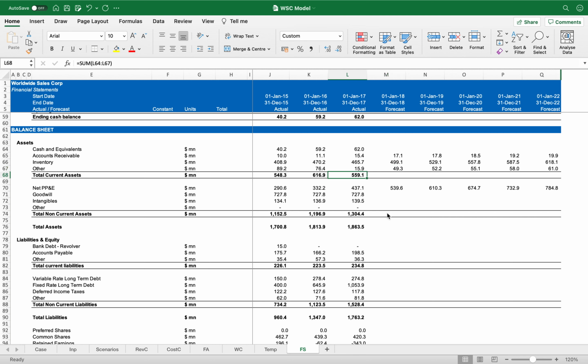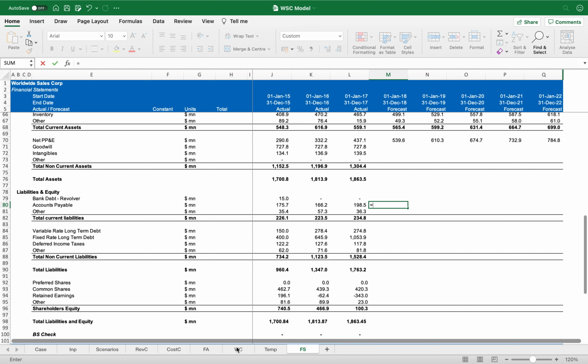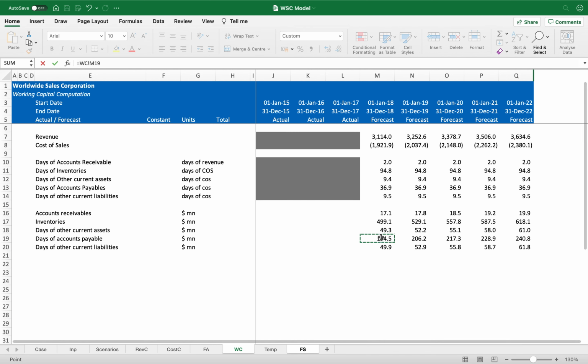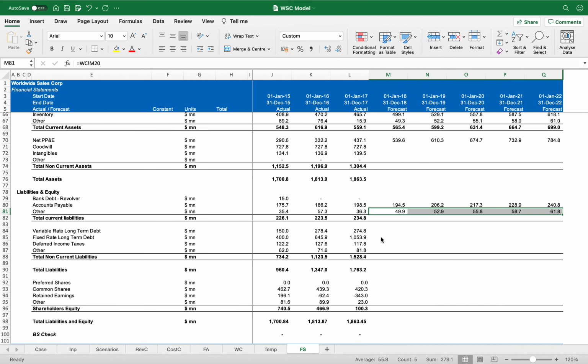Link these three and just drag ahead the formula. So for accounts payable, I link it to accounts payable, drag it ahead, and similarly for other current liabilities.